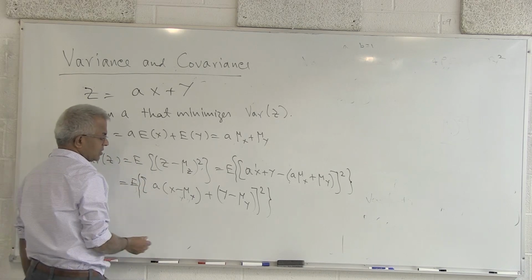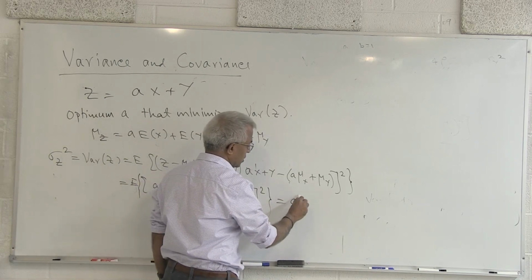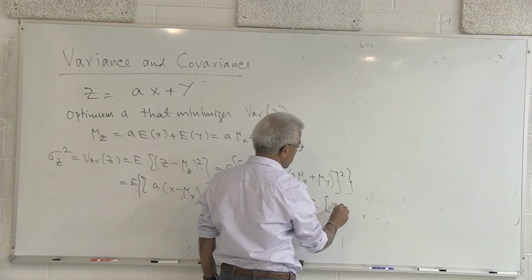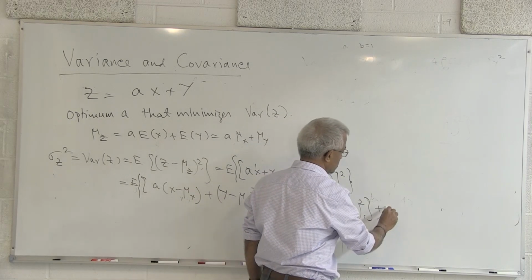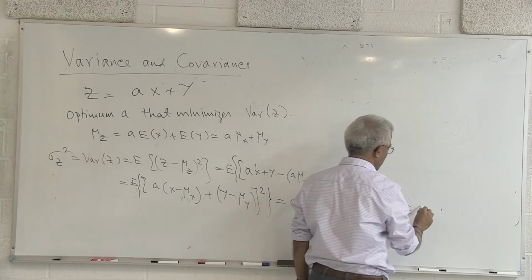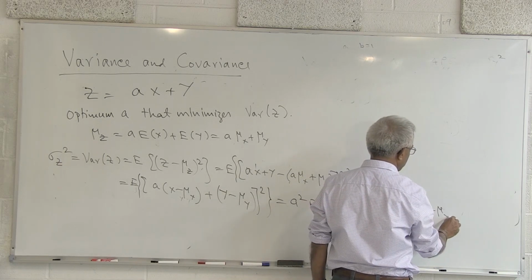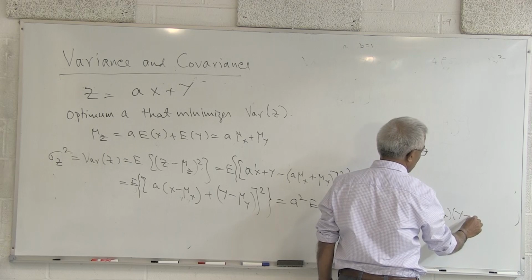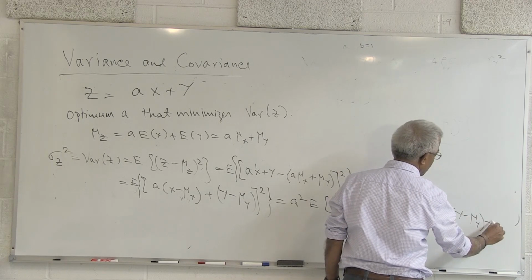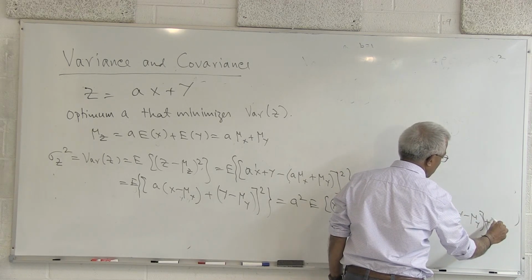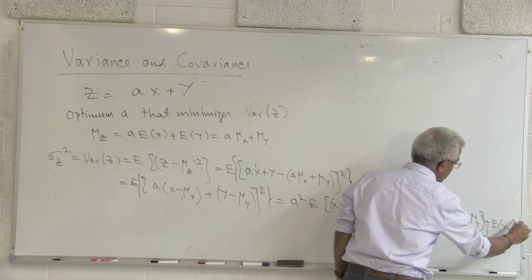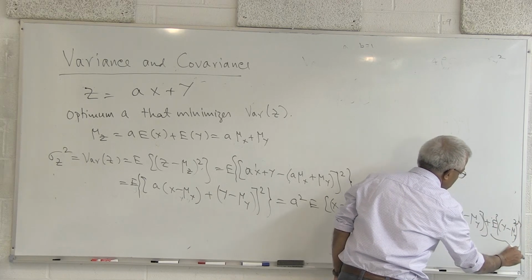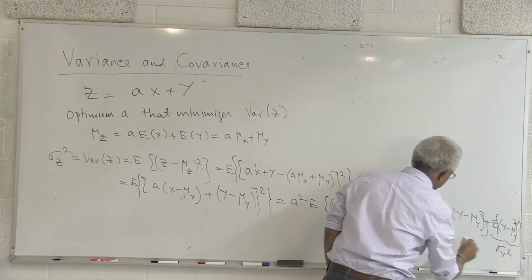So once again, there are three terms. If you expand this, you get a squared expected value of x minus mu x squared, plus 2a expected value of x minus mu x multiplied by y minus mu y, plus expected value of y minus mu y, the whole squared. So this is the variance of y.